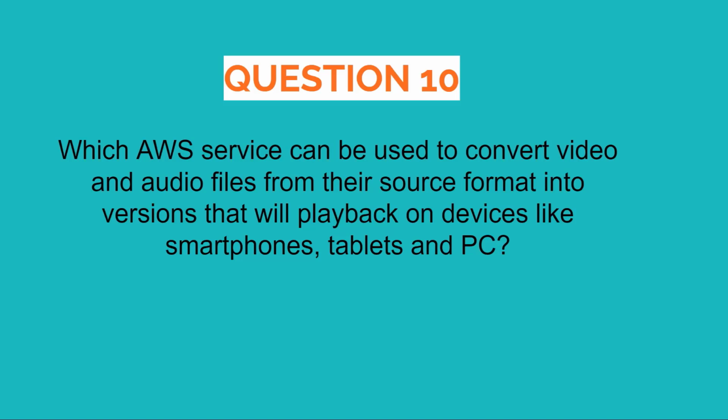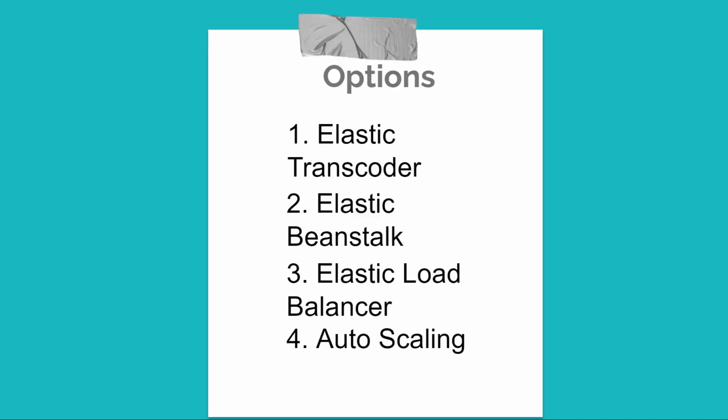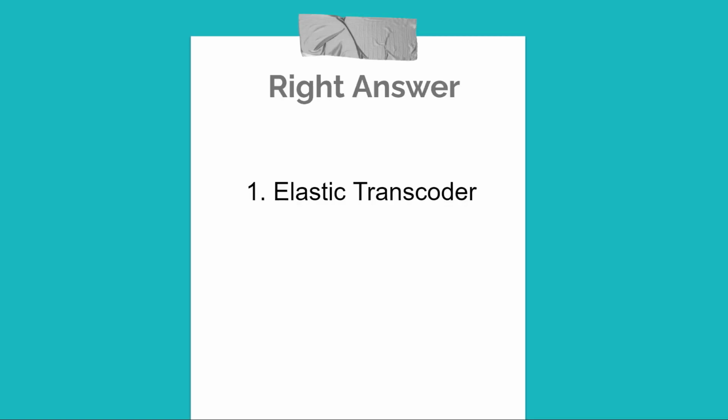Question: which AWS service can be used to convert video and audio files from their source format into versions that will play back on devices like smartphones, tablets, and PC? Option 1. Elastic Transcoder. 2. Elastic Beanstalk. 3. Elastic Load Balancer. 4. Auto Scaling. Right answer is 1. Elastic Transcoder.